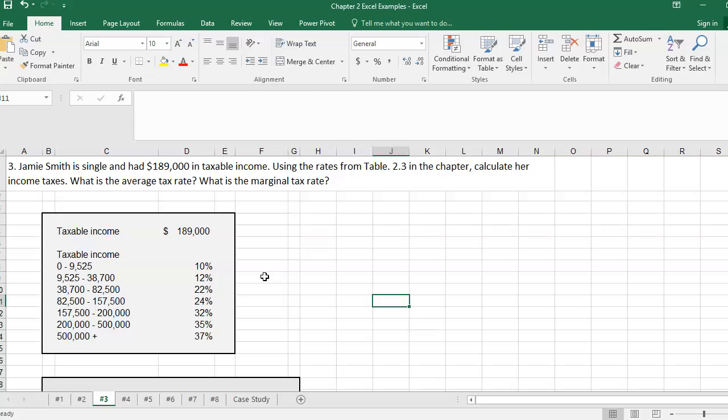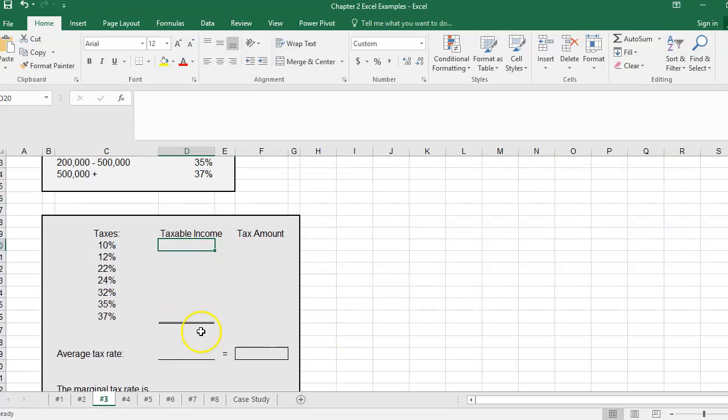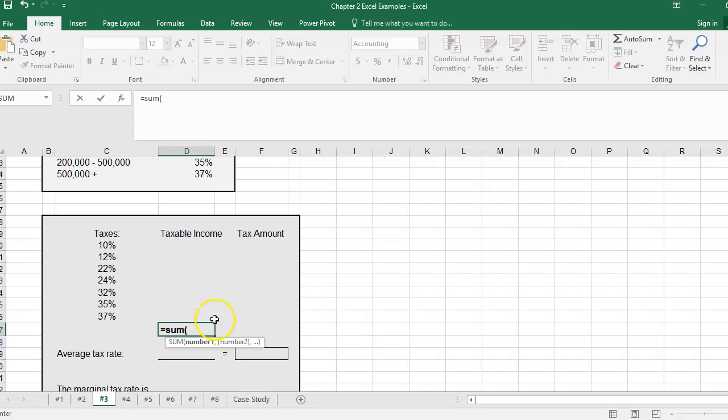So we have a person who has $189,000 in taxable income, and we want to find out what the total tax amount that they pay is. So I'm going to put a sum here to add up this column because we want to make sure when we're going through our taxable income that we don't pass 189,000.